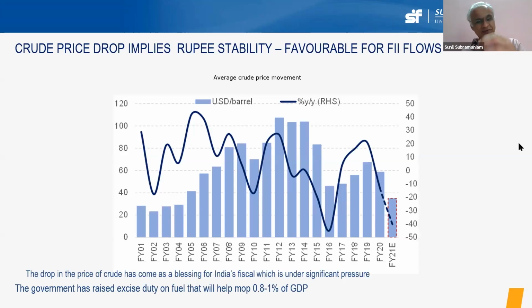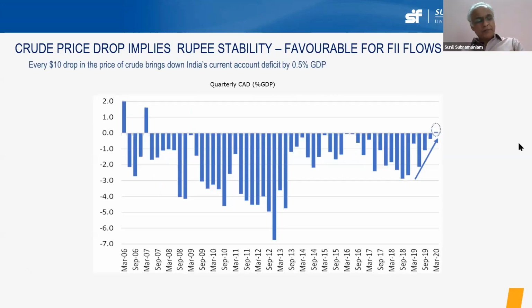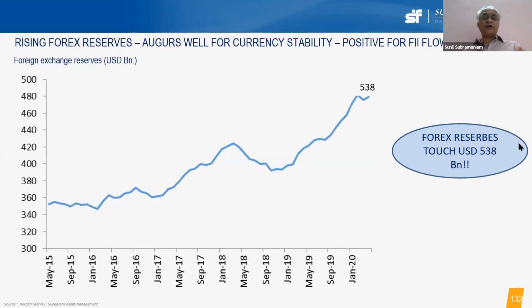So demand for dollars was expected to be less, reflecting a positive current account, which improves the stability of the rupee. Thirdly, RBI in this period has also built up its forex reserves to $500 billion plus. So you are now sitting on a pile of forex dollars with which you can defend the currency.